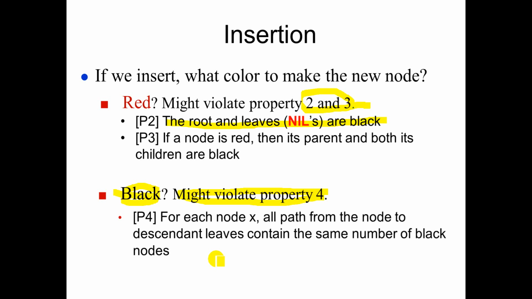Okay. So now what can I say? These are some issues that we will face while we insert a new item. So first we need to decide the color, right? Red or black. Okay. So let us look at the basic idea of insertion, then we can decide the initial color.